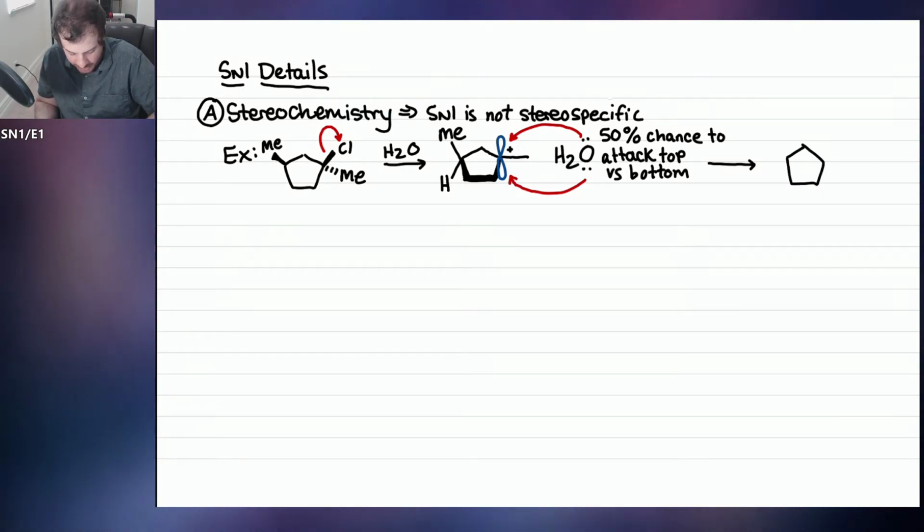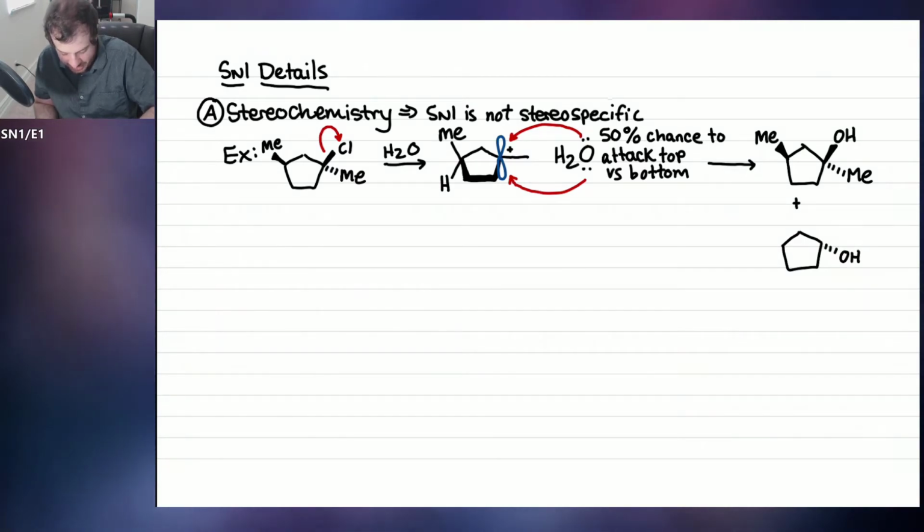So the first product that we get is when the water molecule attacks, and I'll skip the acid-base step, but there would be an acid-base step that deprotonates the H2O. But the stereochemistry on the left is not going to be affected. But the water could even either come from the top, or the water could come from the bottom, in which case the OH would be dashed, the methyl would be wedged.